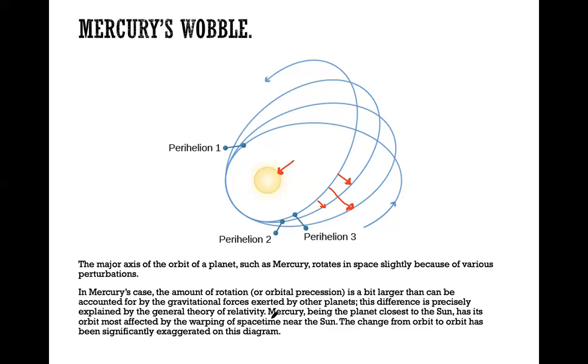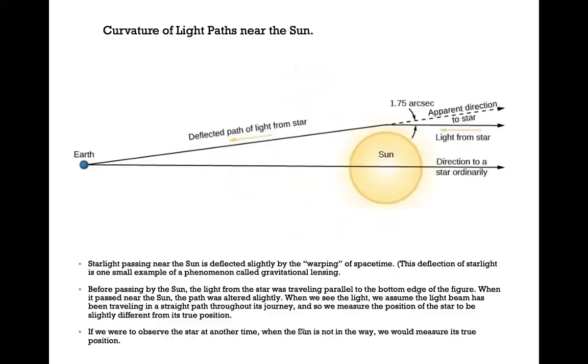Right? And Mercury, being the planet closest to the Sun, has its orbit most affected by the warping of space-time, because Mercury is very close to the Sun. The curvature of the space-time due to the Sun mostly affects that particular planet, right? Because this curvature is higher close to the Sun, right? And this is predicted by the general theory of relativity.